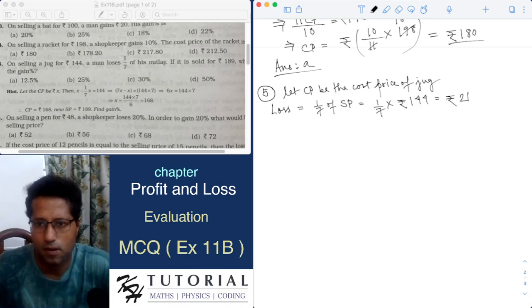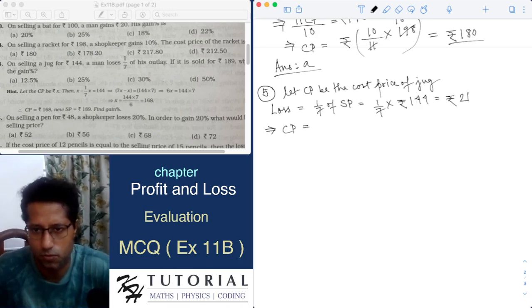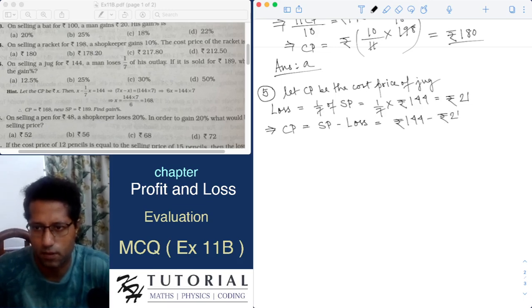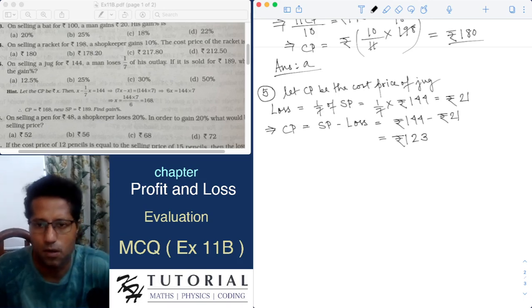This is the loss. Now since there is a loss, CP should be SP plus loss. SP is rupees 144 and the loss we have calculated is rupees 21. So the CP, the cost price, is 165.